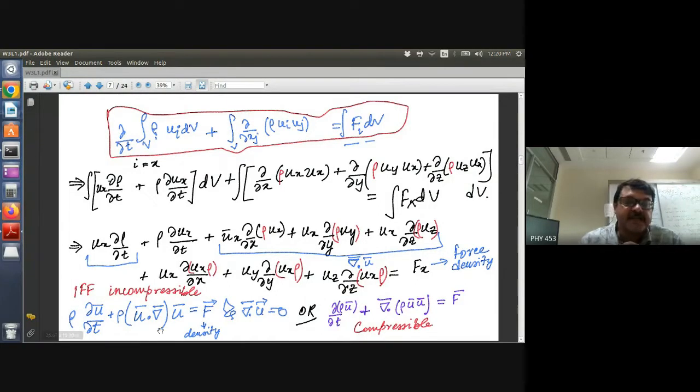So you get this simplified version, which is applicable only if the flow is incompressible. If you are dealing with compressible flows, then you have to use this equation, where you have many more terms, as you see. But this can be simplified if you have incompressible flow.